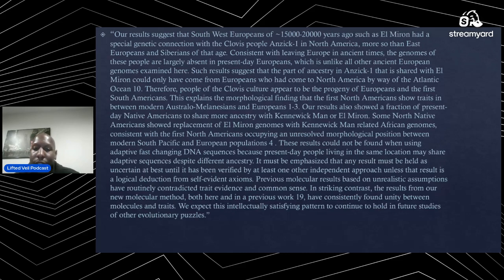Previous molecular results based on unrealistic assumptions have routinely contradicted trait evidence and common sense. In striking contrast, the results from our new molecular method, both here and in previous work, have consistently found unity between molecules and traits. We expect this intellectually satisfying pattern to continue to hold in future studies of other evolutionary puzzles.